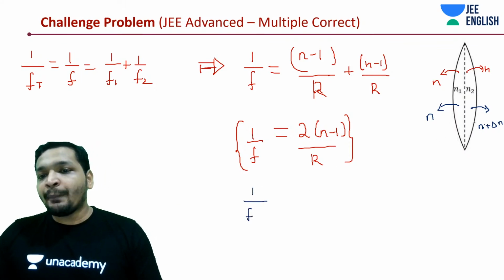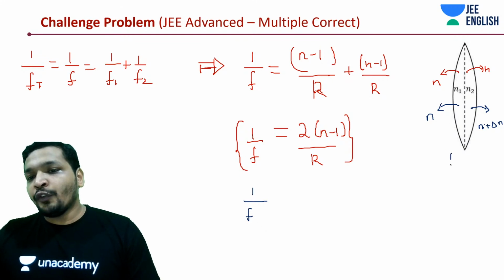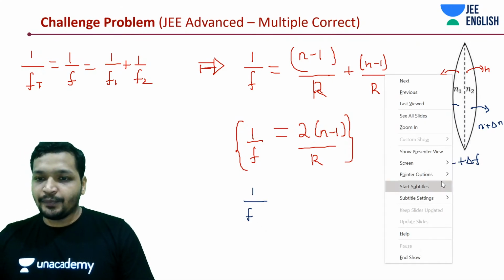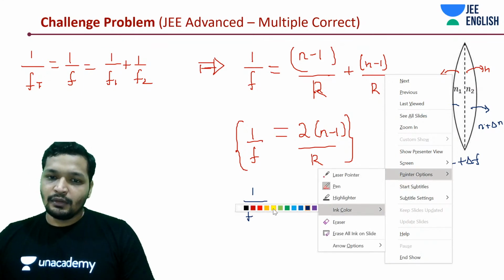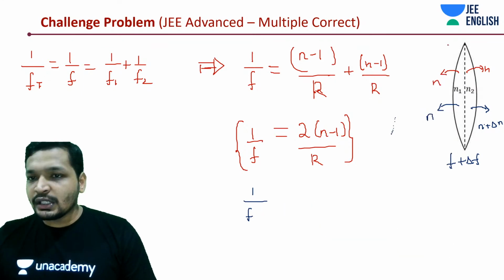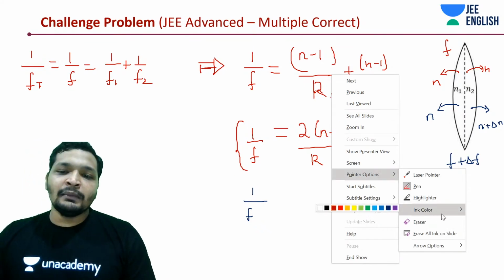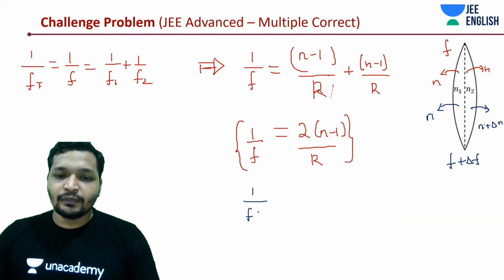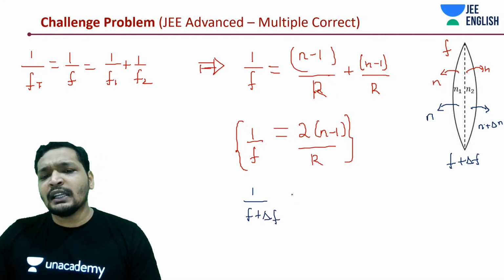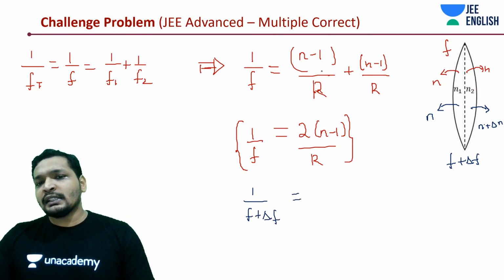So now what happened to the entire focal length? Now the focal length is f plus delta f, whereas earlier it was just f. So we need to calculate 1 by f plus delta f. What do you think it will be? This would remain as n minus 1 by r.